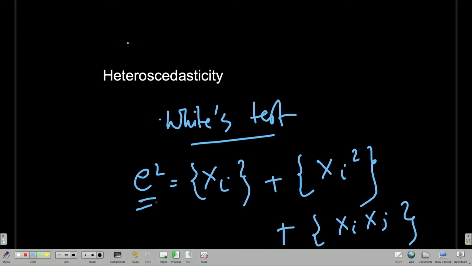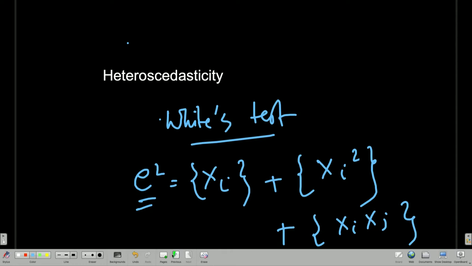You never really get the original variance of the error term. So you need to keep yourself open to see if the variance of the error term is actually varying with the square of the explanatory variable or the cross product of the explanatory variables. That's basically the idea of White's test.